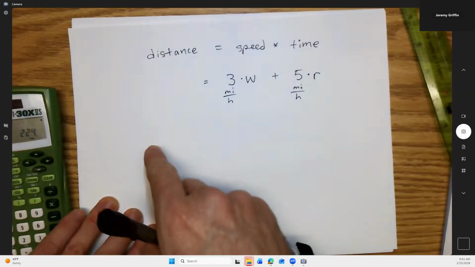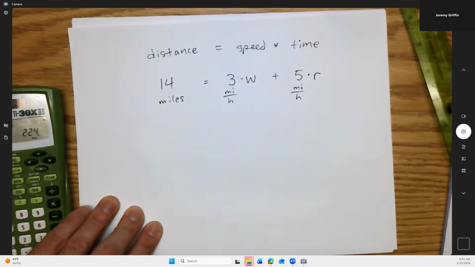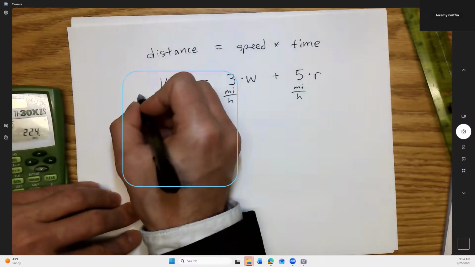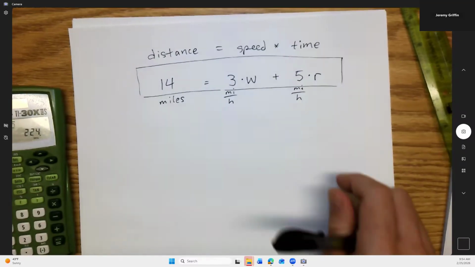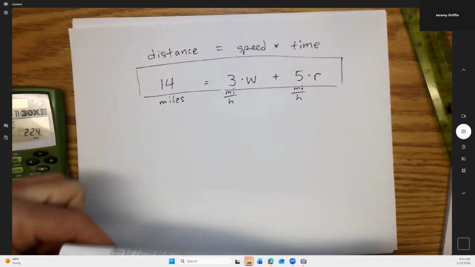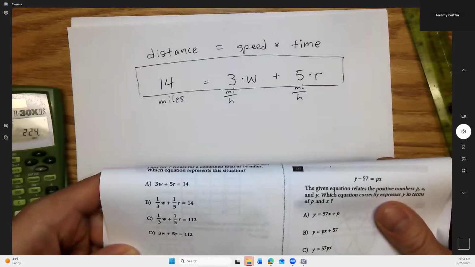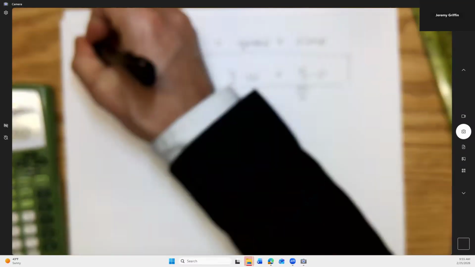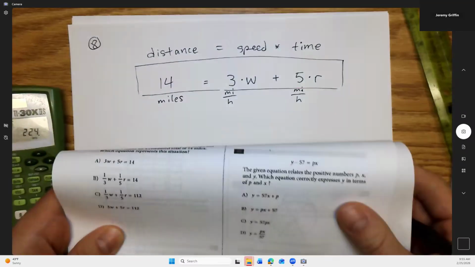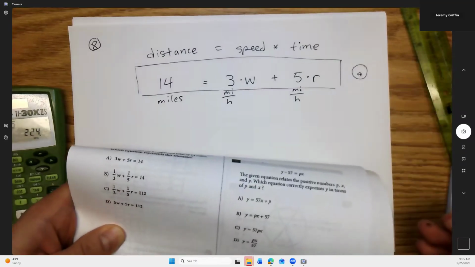And the total distance is 14 miles. So I'm going to be looking for an answer choice that looks like that. Let's see, is that answer choice here? We got 3W plus 5R equals 14. That looks like A. Okay, this is number 8. Let me make sure 8 is A. Yeah, 8 is A. Okay, everybody's got 8 is A.